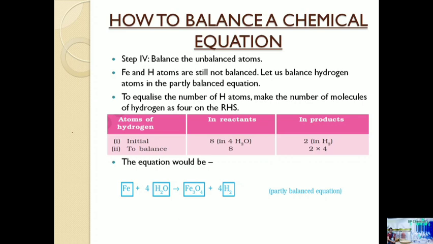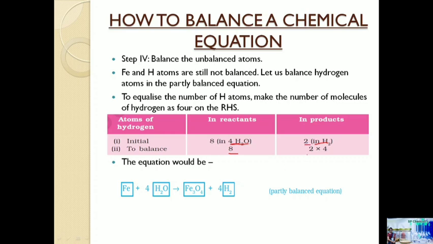Let us balance hydrogen atoms in the partly balanced equation. To equalize the number of hydrogen atoms, we have to count the number of hydrogen atoms on the reactant side. In 4H2O, how many hydrogen atoms are there? 4H2, that means 8 hydrogen atoms. And on the product side, in the H2 molecule, 2 hydrogen atoms are there.